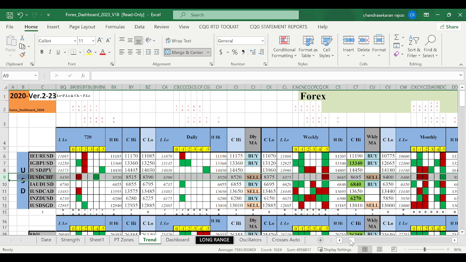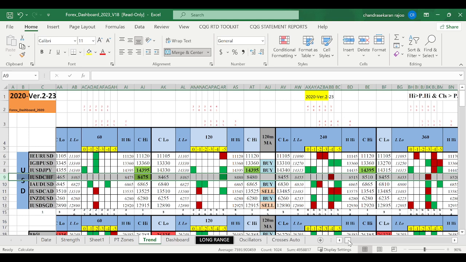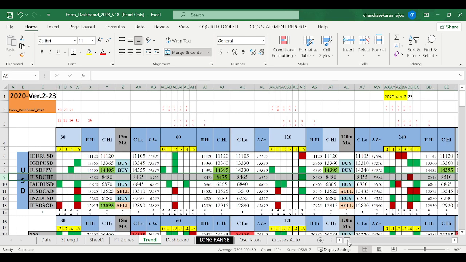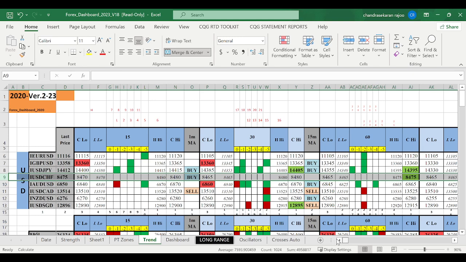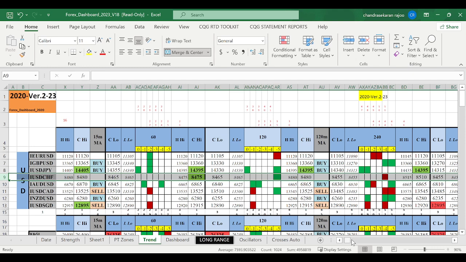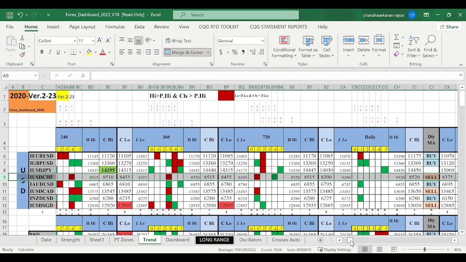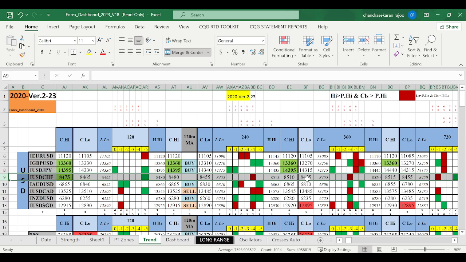As far as the trend map is concerned, we believe this is going to be flat across all time belts. We'll take 360 as a benchmark, which means the critical low is 84.55 and the critical high is 85.15. These are the two levels which we need to pay attention to.